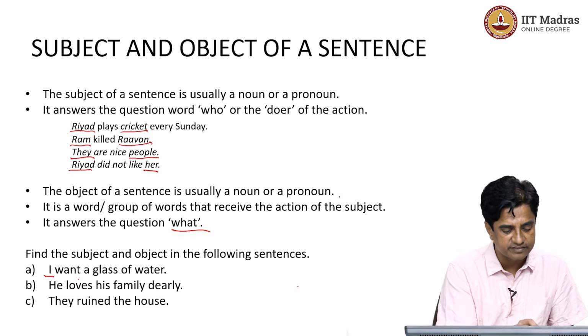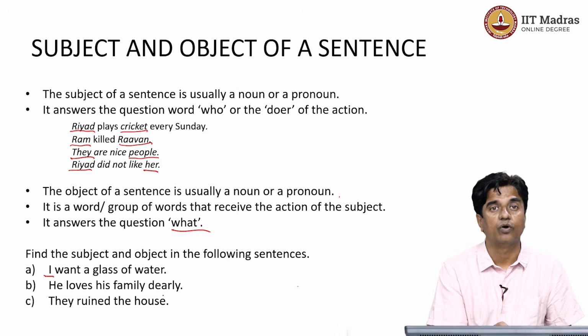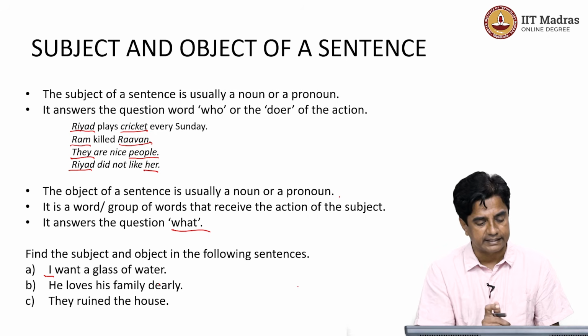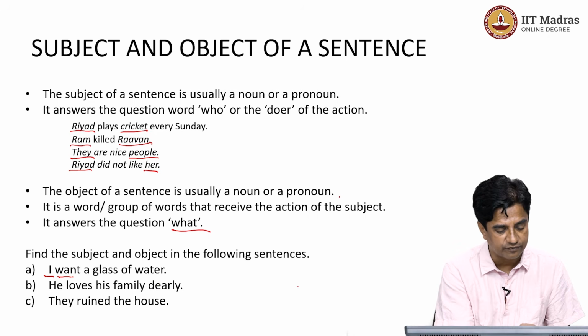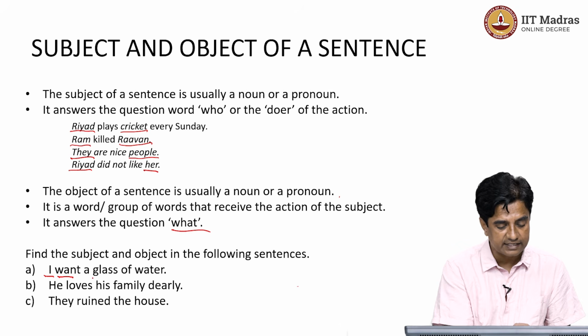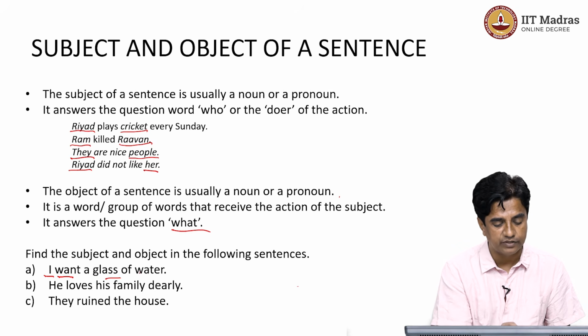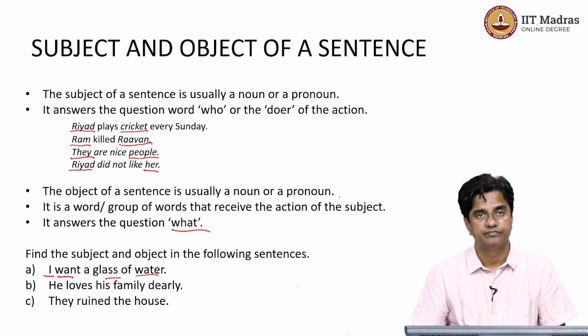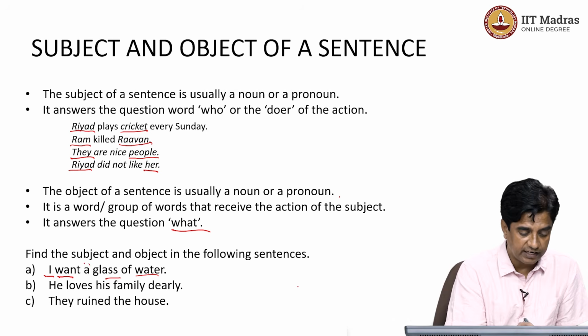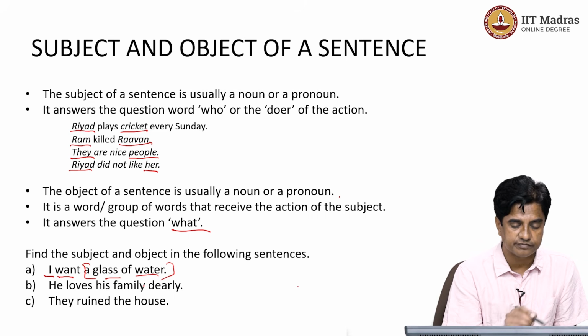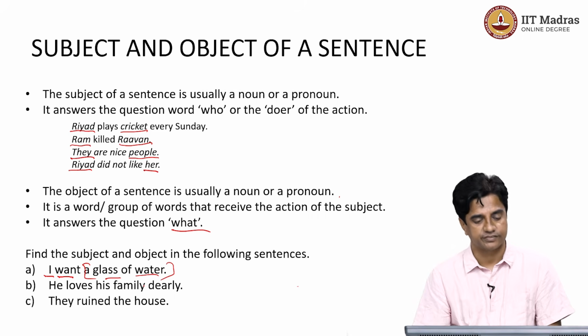I is the subject. Want a glass of water is the whole predicate. In that, want is a verb. Glass of water: glass is a noun and water is also a noun. So what is the object? A glass of water. The whole thing is an object.